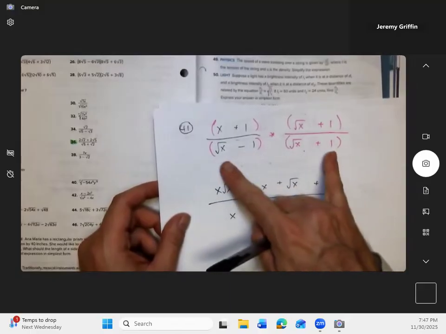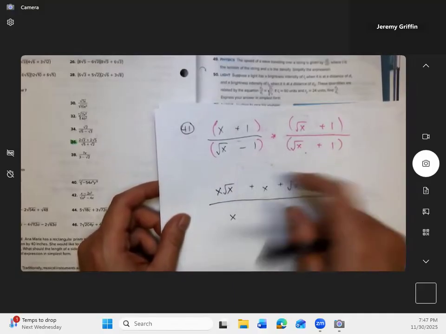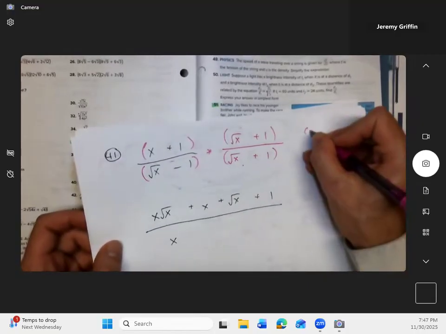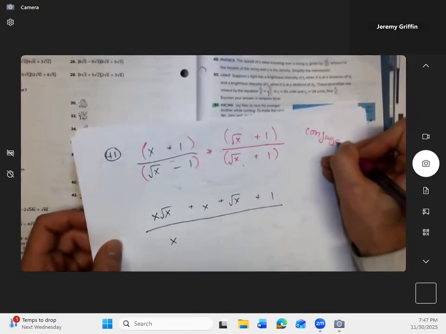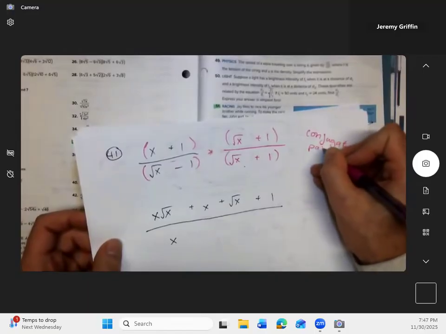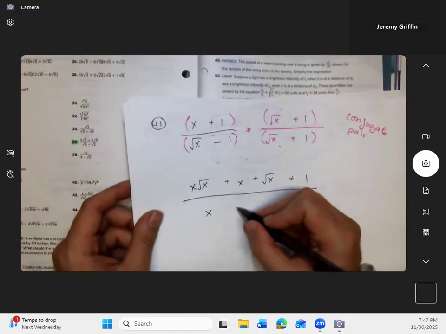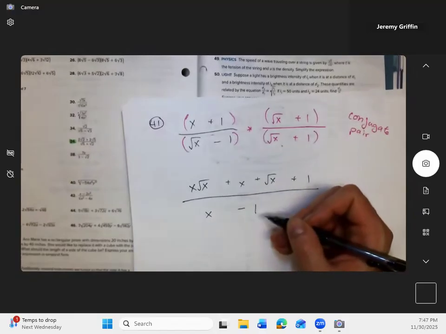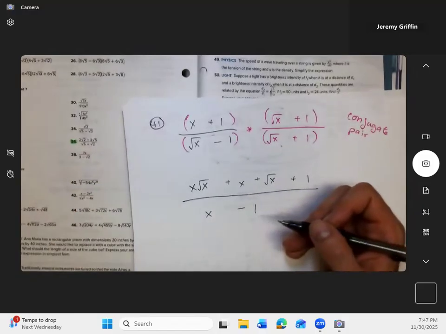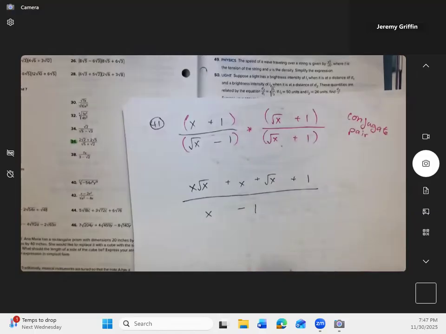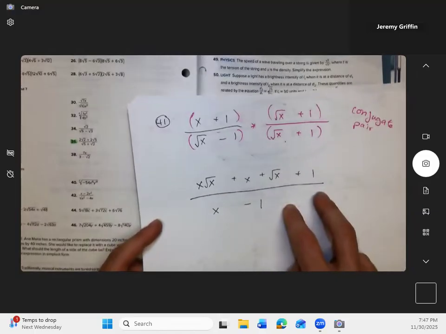The inside cancels because that was the idea of the conjugate pair. And then last, negative 1 times 1 is negative 1. So this should be acceptable.